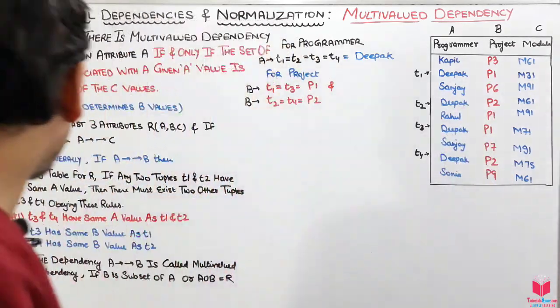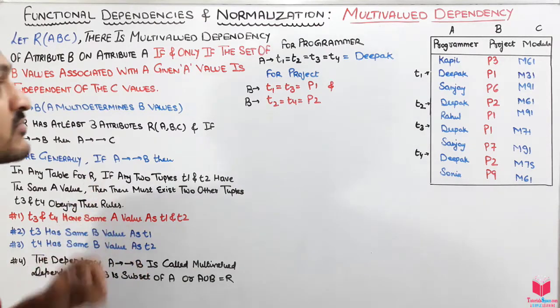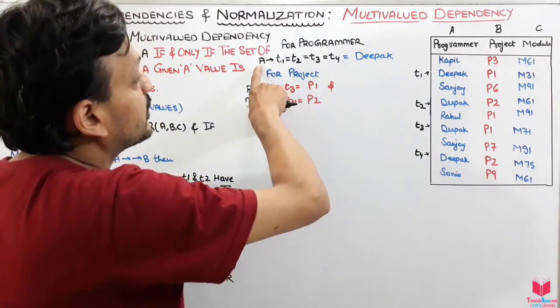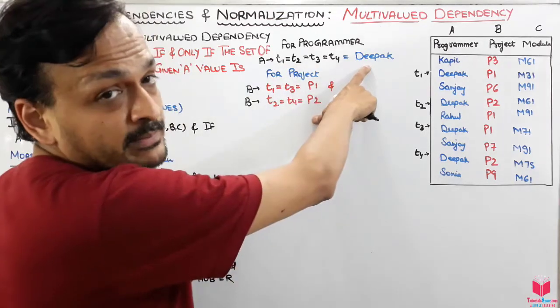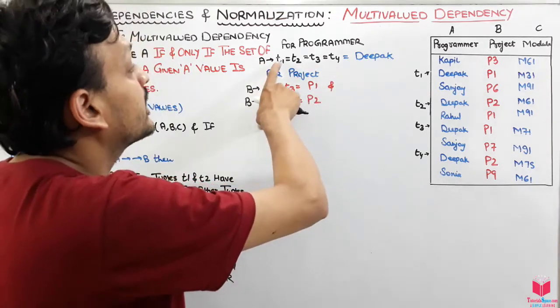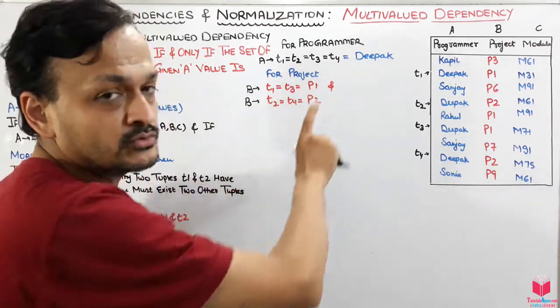Now it says that T3 has the same B value as T1. First of all, the value of A for T1, T2, T3 and T4 is equal to Deepak.